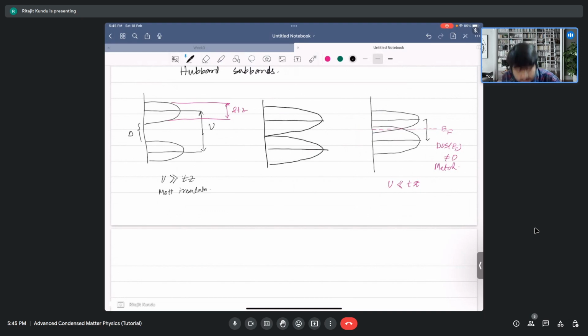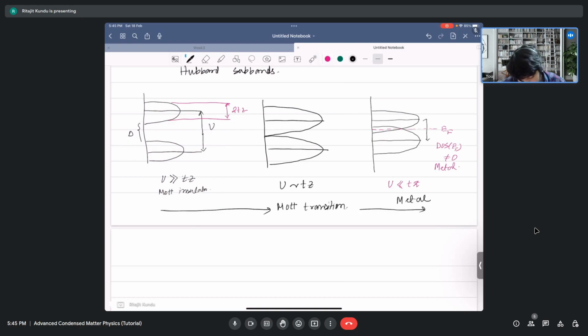This will happen when U is of the order of t times z, right? So this was an insulator, and this is a metal, and you see that there is a transition at this point. This is called a Mott transition. The Mott transition takes an insulator and makes it a metal.